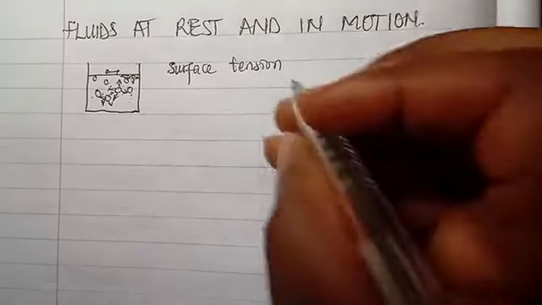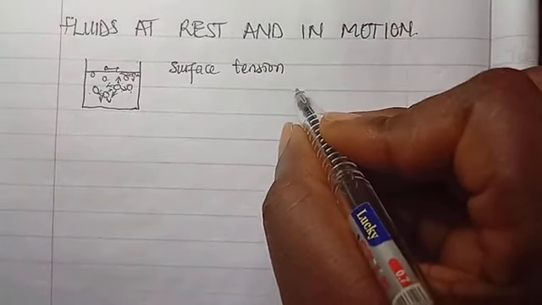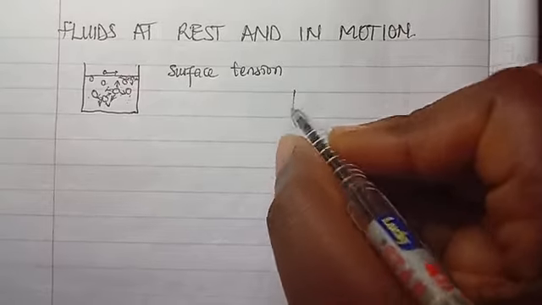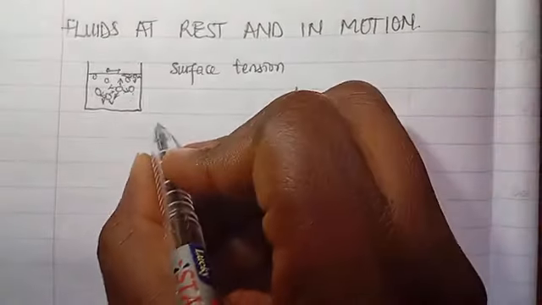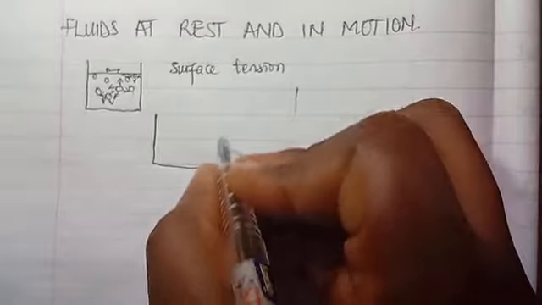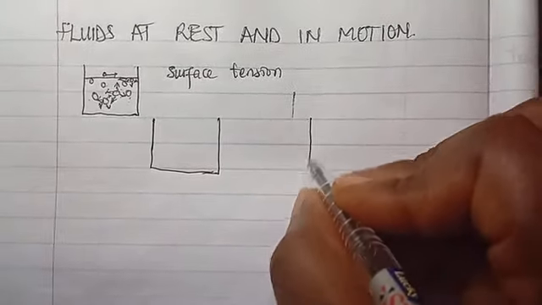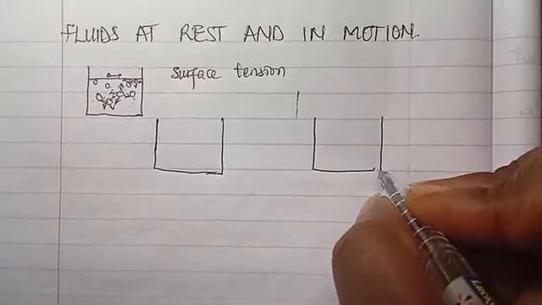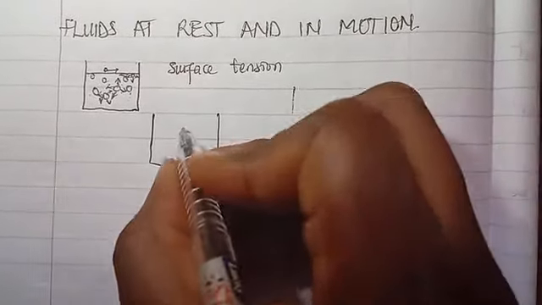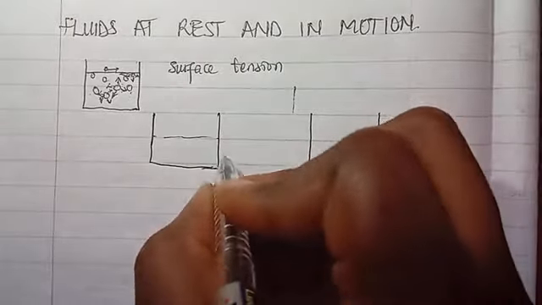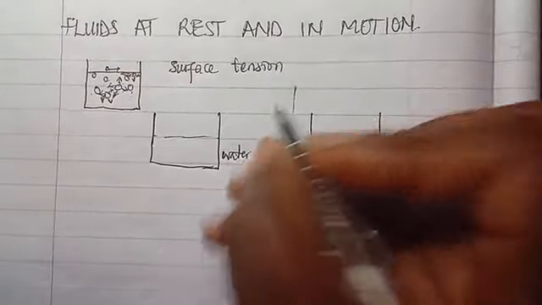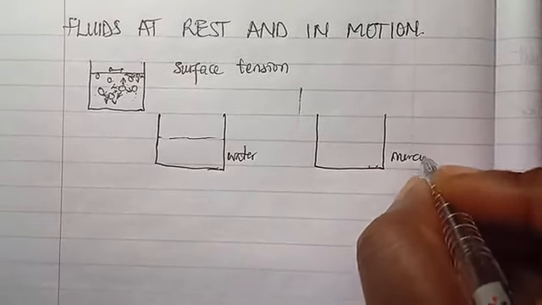Now let's talk about something we call capillarity. For that, we are going to draw two bowls containing two different kinds of liquids. This is water. This is mercury.